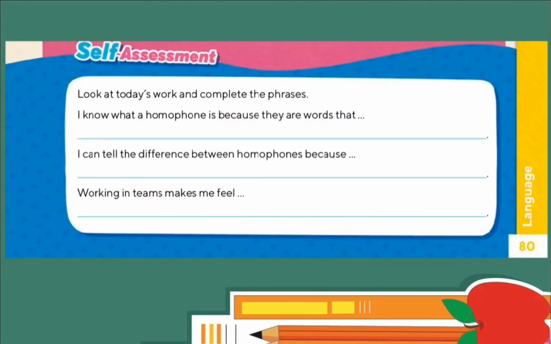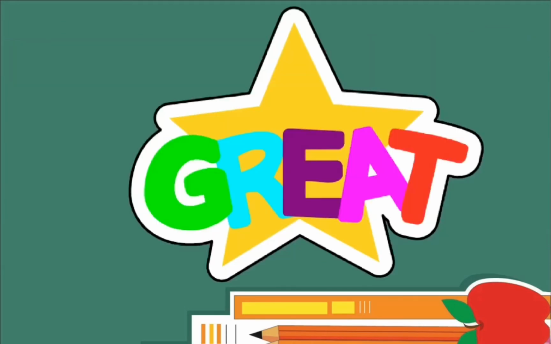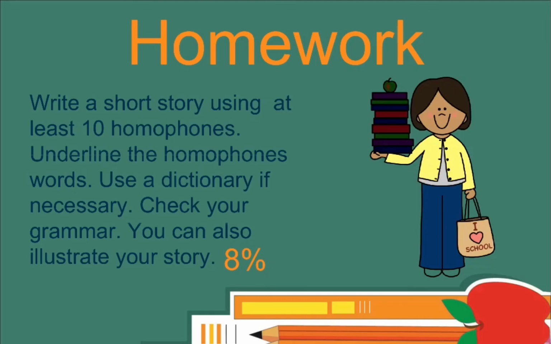I would really appreciate if you complete this self-assessment on page 80 of your AMCA book. I am very proud of you because you were amazing. For this week, I would like you to write a short story using at least 10 homophones.